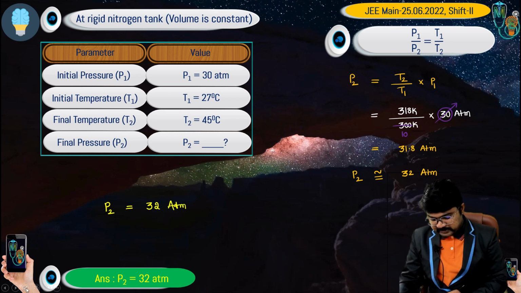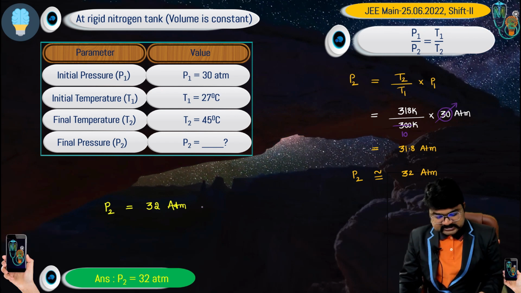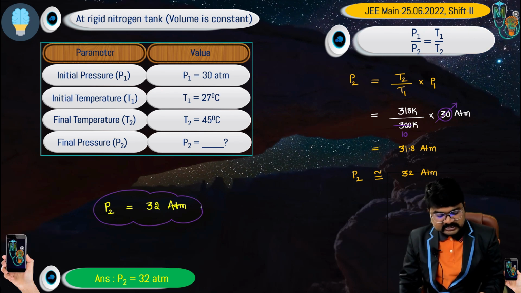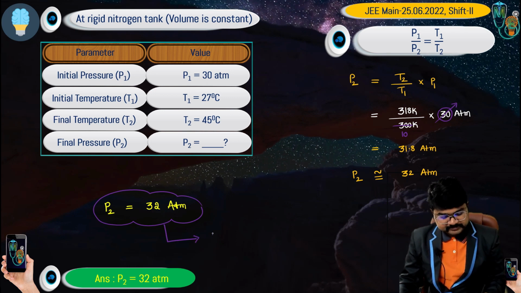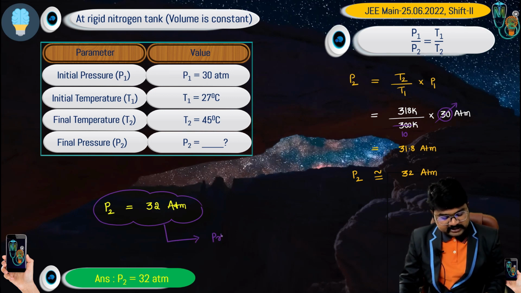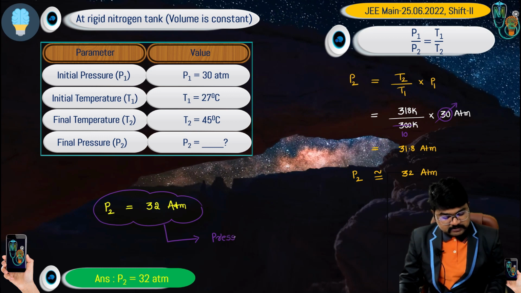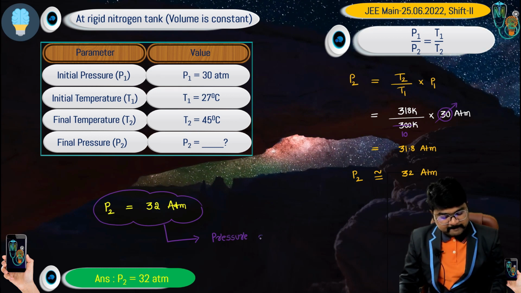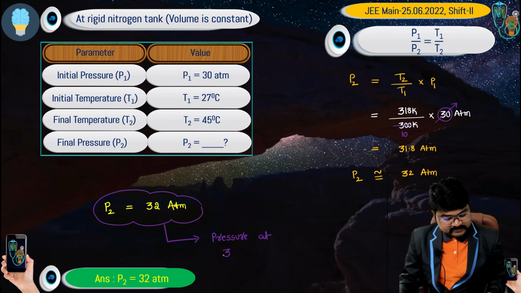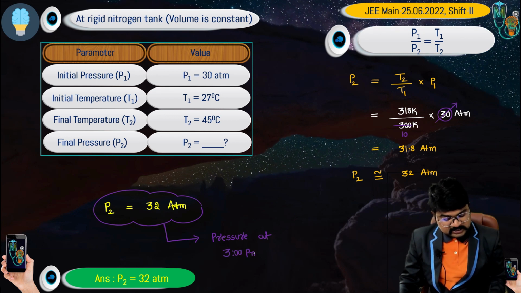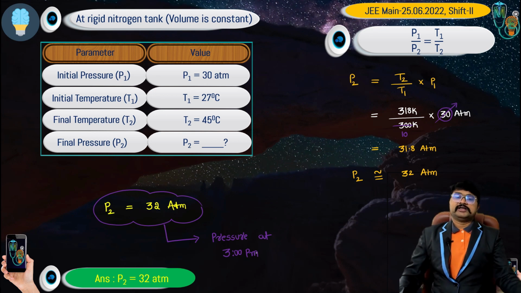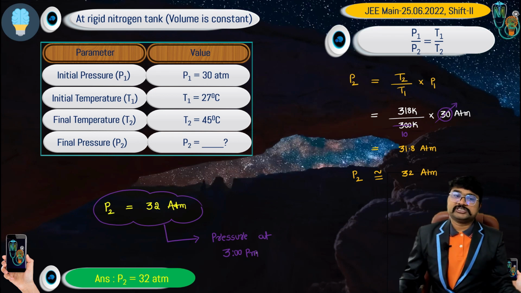This is the pressure in the rigid tank at 3 p.m. Understood now? So this is the way to solve this problem.